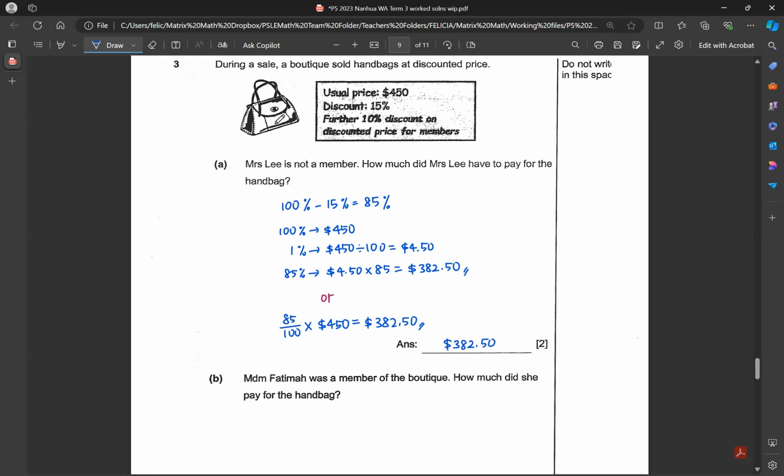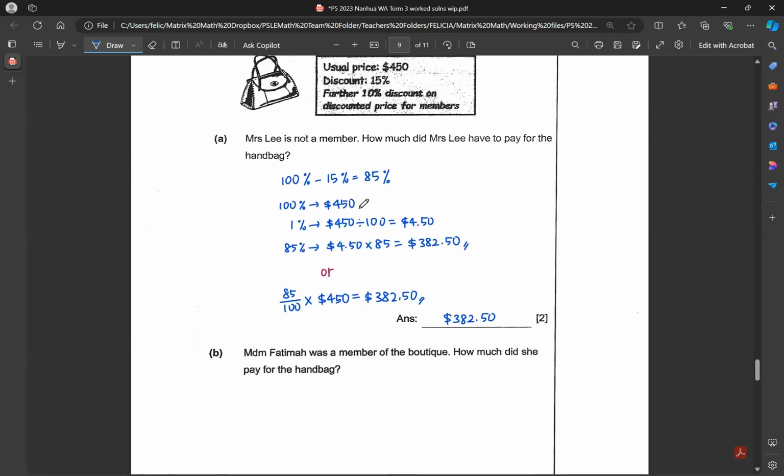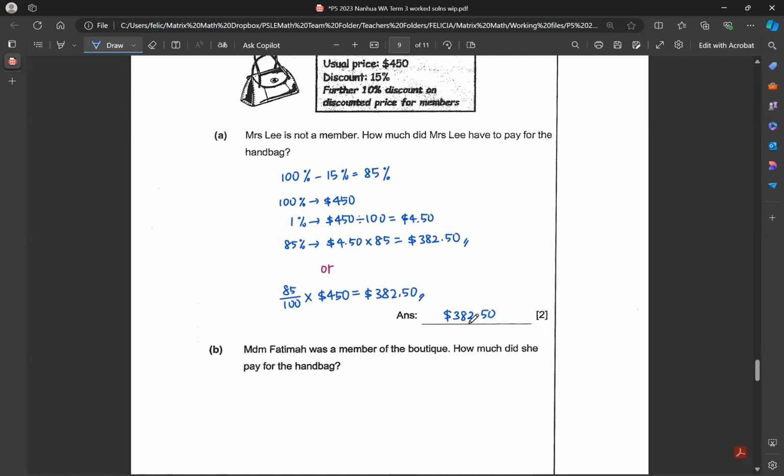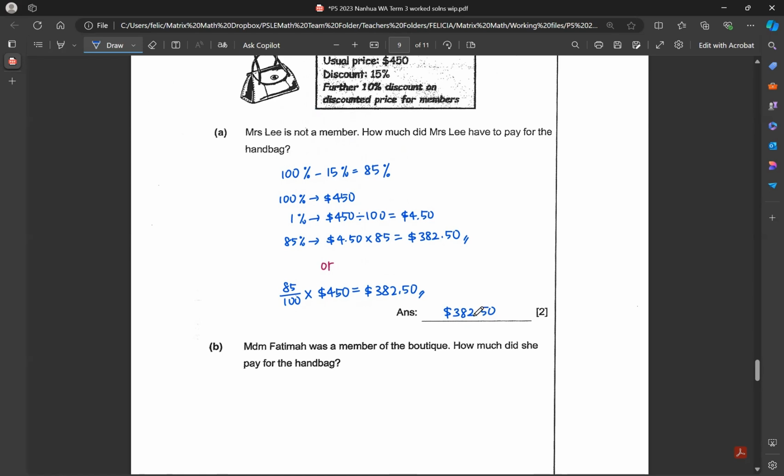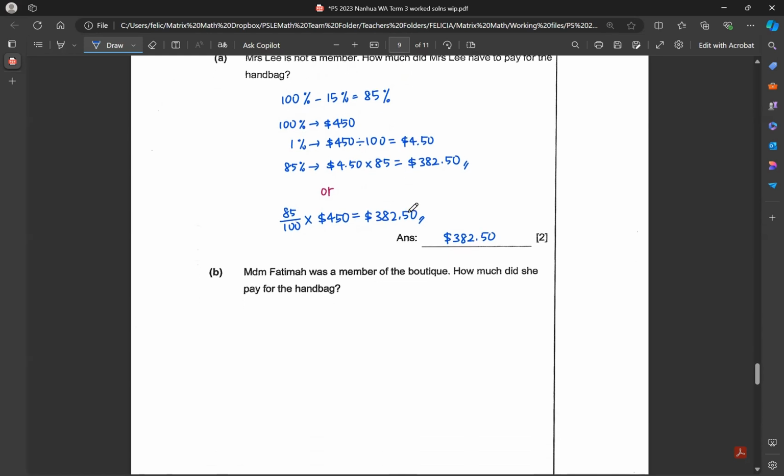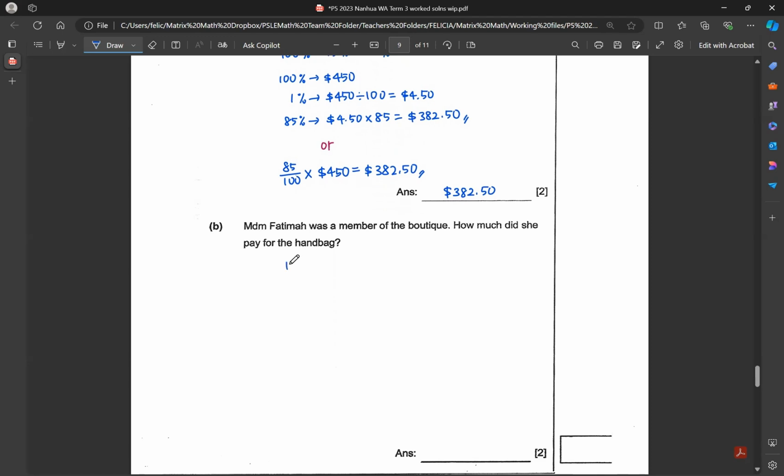Now you treat this $382.50 as your new 100% so that you can use this 10% to do your calculations.